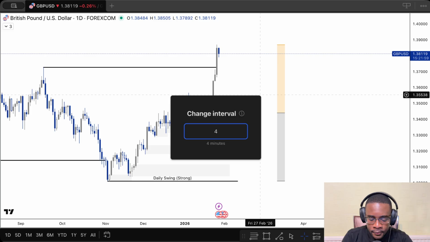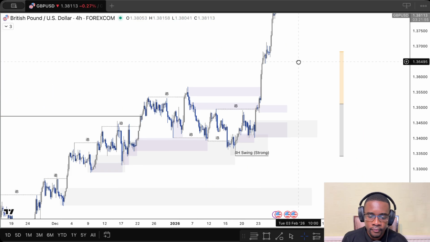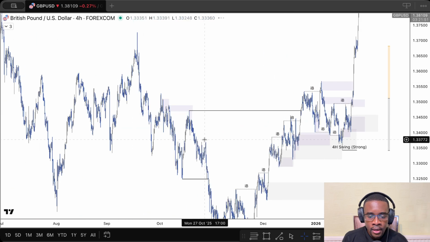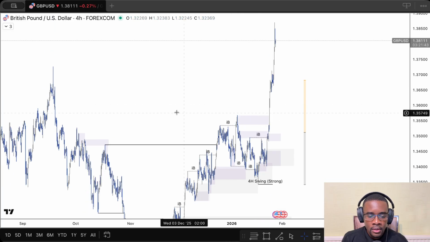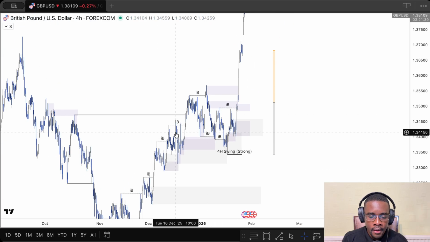Then on the 4 hour, we now have our swing, after this break of structure. Let's see. Yeah, I call that internal.